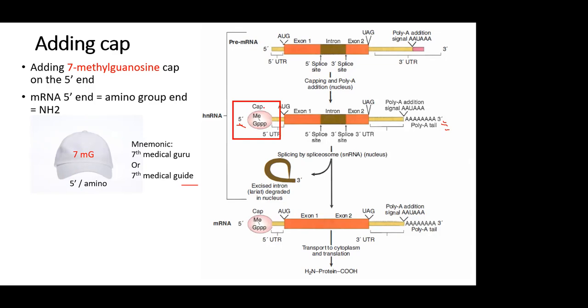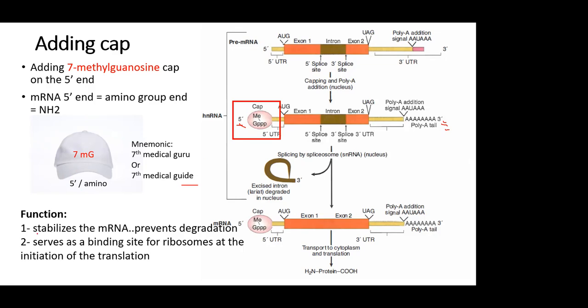What's the function of the cap though? There are 2 functions. The first function is to stabilize the messenger RNA. The messenger RNA, or nucleic acids in general, is fragile or volatile. It can be degraded, so you have to stabilize it. The cap is going to stabilize it and prevent degradation.